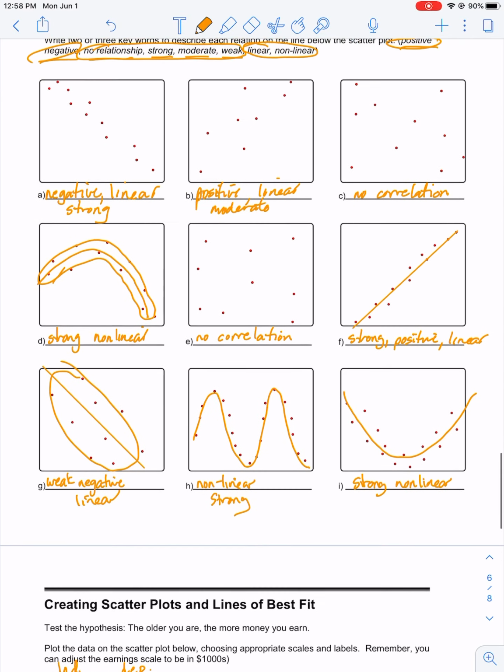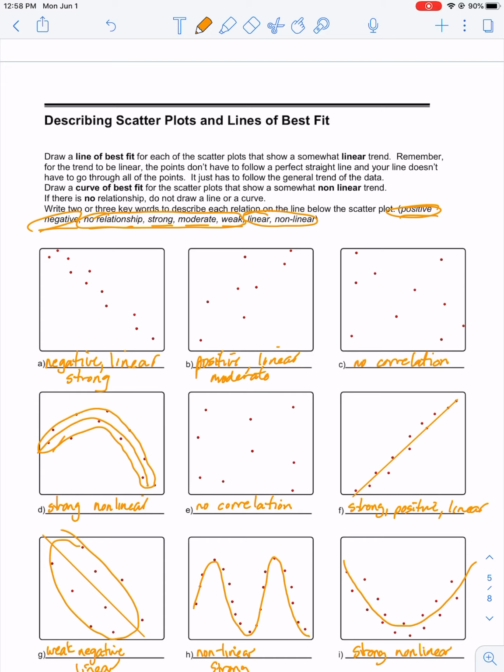If I go back to this question right here, if these 2 points weren't there, if you just cross those 2 off, I might call those outliers, and in that case, I would say this is a negative, moderate, actually getting close to strong, but a negative, moderate linear correlation.